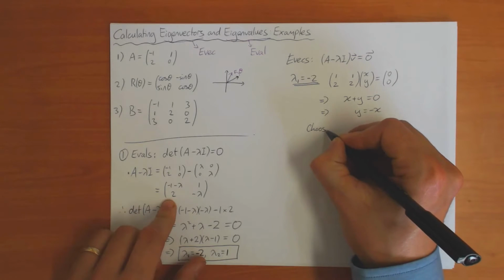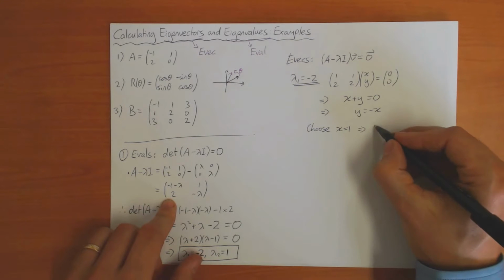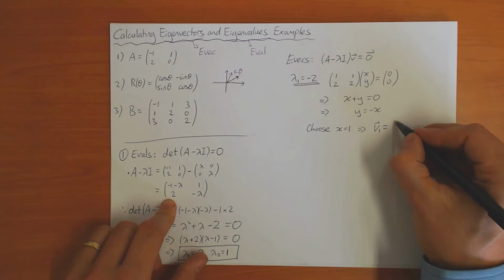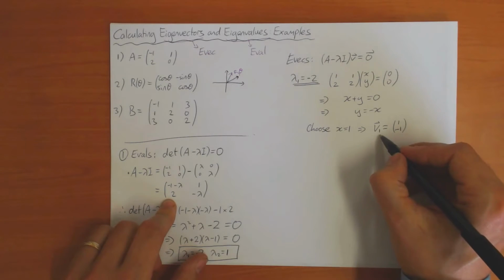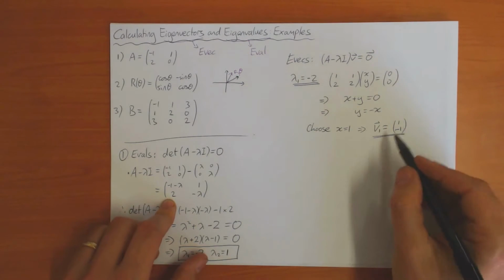I can choose x to be whatever I like. I'll choose it to be 1 again. Then you get the first eigenvector, v1, is equal to x is 1, y is minus 1. Okay, so that's the first eigenvector and the first eigenvalue.